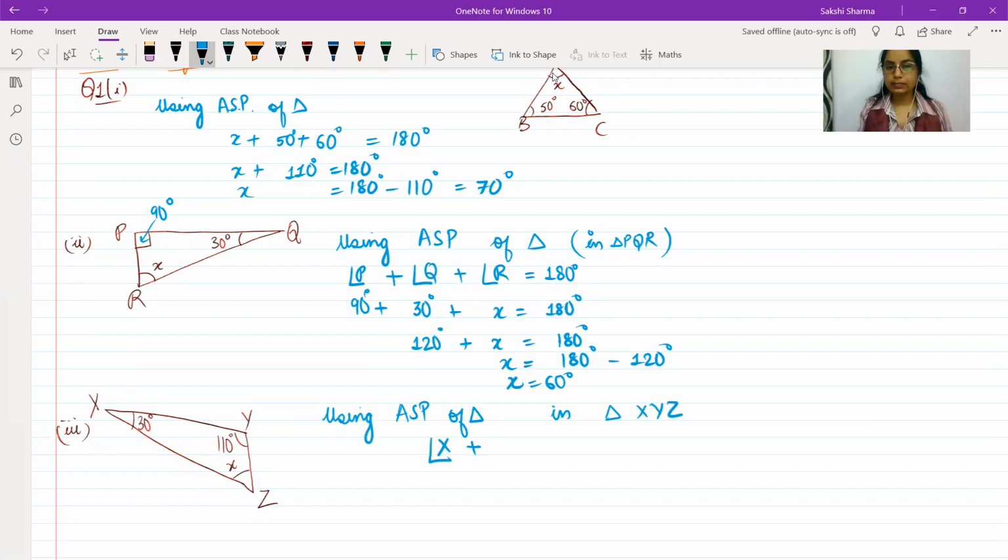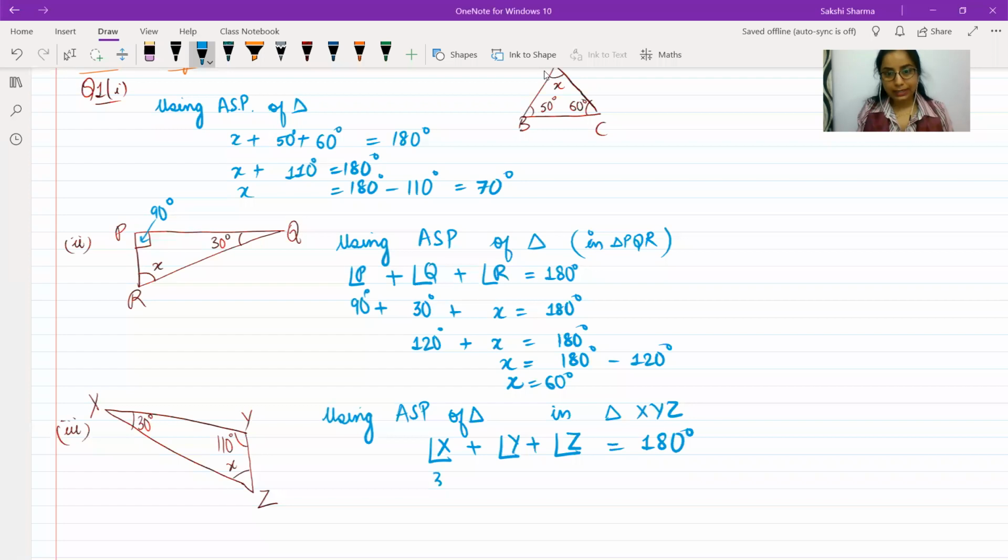So angle at X plus angle at Y plus angle at Z, the sum should be equal to 180 degrees. That's correct. The answer is 40 degrees.